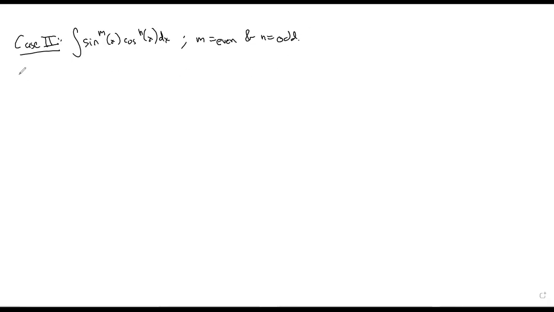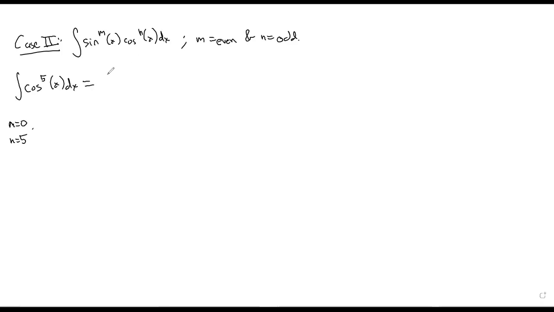So for this example, we're going to consider the integral of just cosine to the fifth. Okay, so in this case, m is 0, n is 5. Good to go.